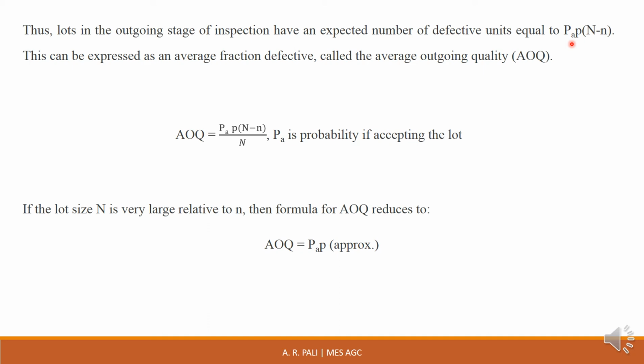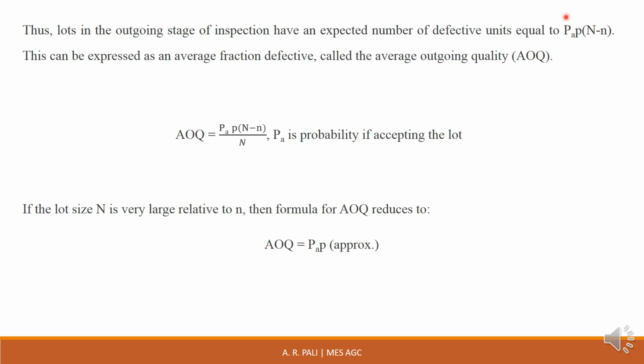So PA into the number of defectives will be the expected number of defective units which we are expecting to be there in the lot if the lot is accepted. Because P into N minus n is the number of defectives when the lot is accepted, that is why we are multiplying this with PA, the probability of accepting the lot.